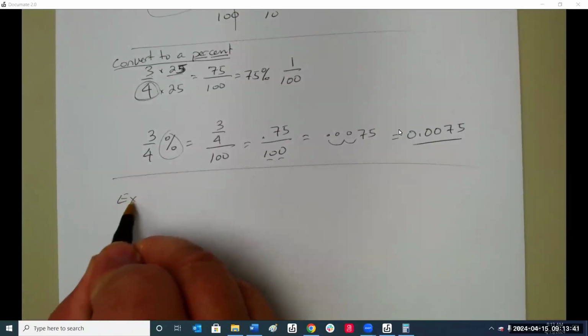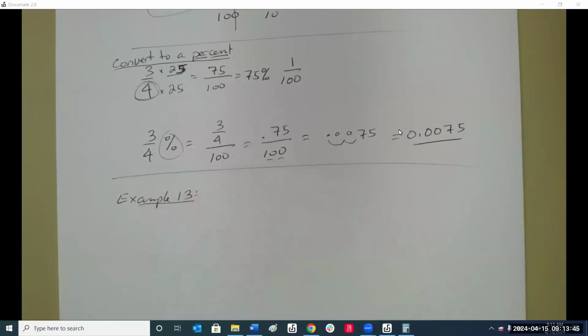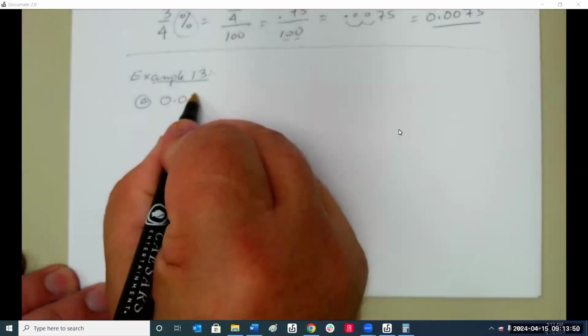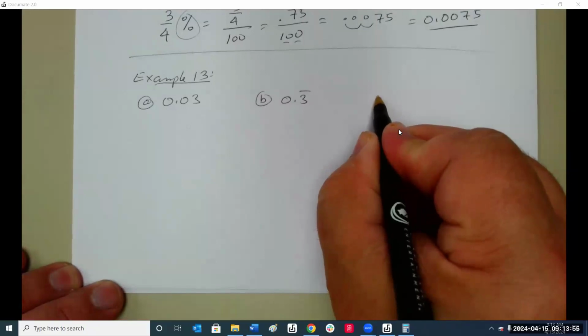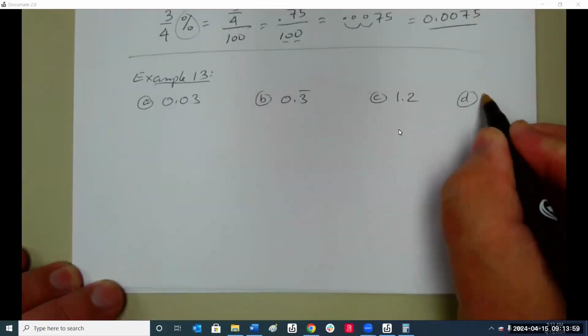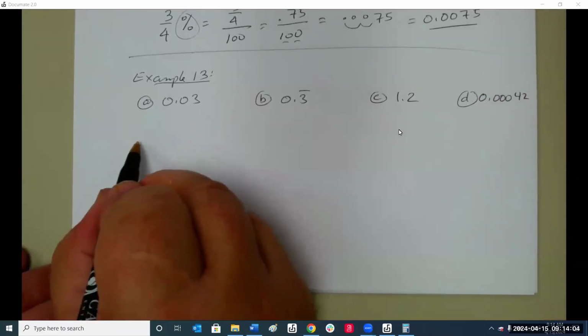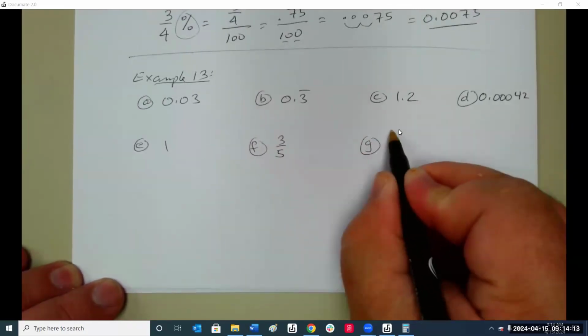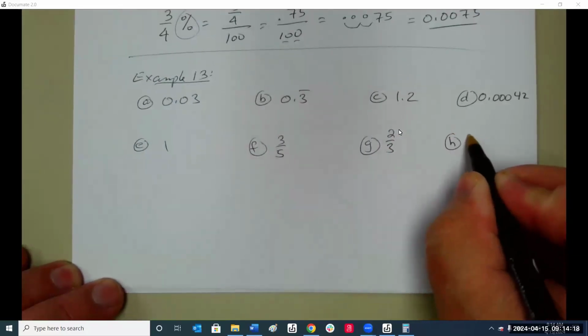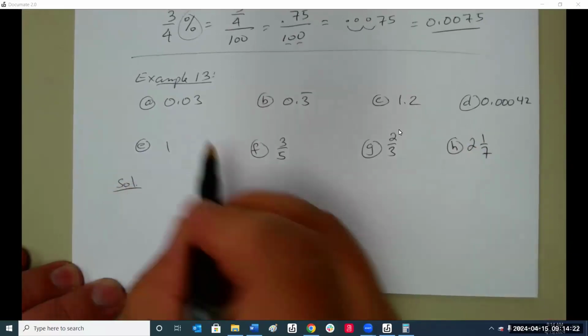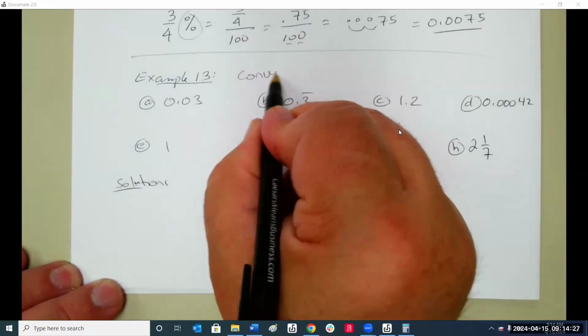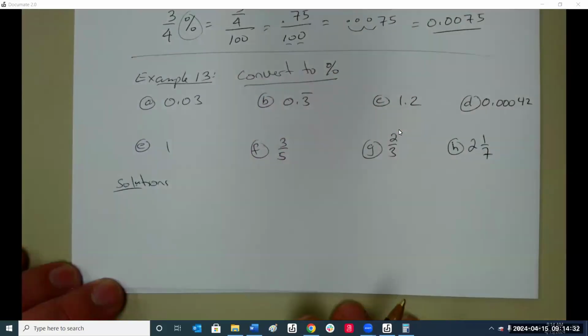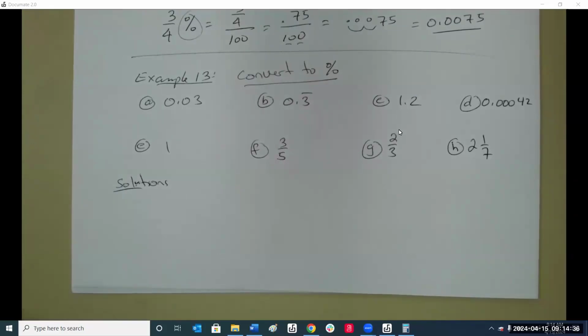All right, so example 13. Convert all of these into percent. So what's A going to be?